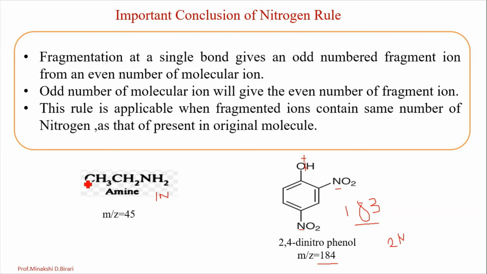Again the energetic electron is bombarded on this ethylamine, and due to that a molecular ion peak is observed, formed as a radical cation at m/z 45. Here the number of nitrogens is 1, an odd number, and the m/z value is also odd. The molecular ion peak is observed at an odd value.